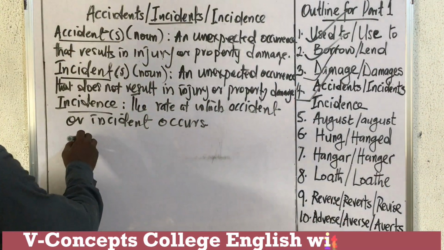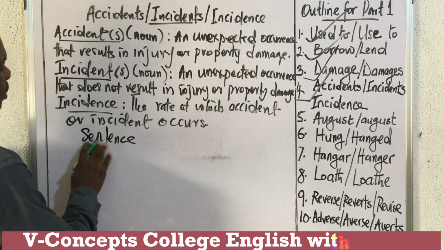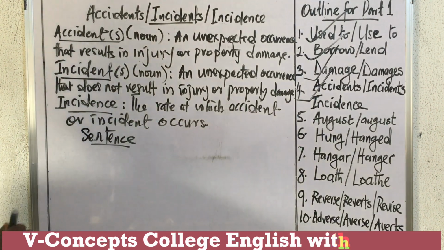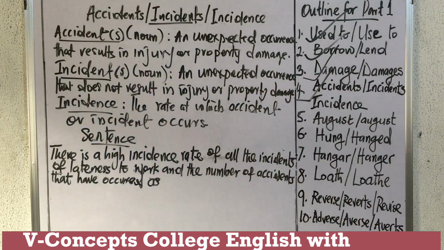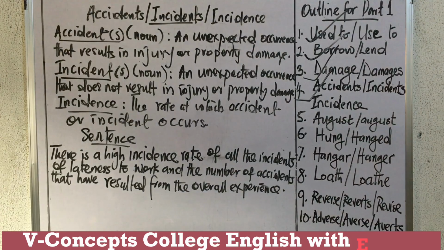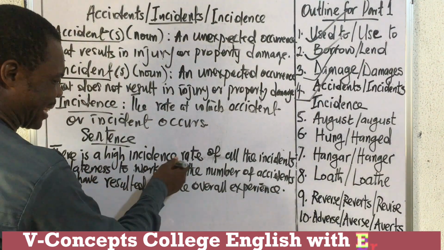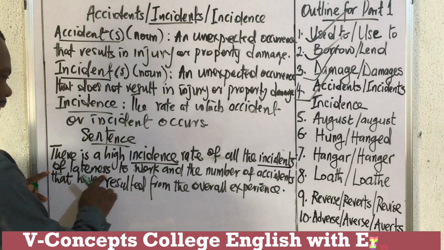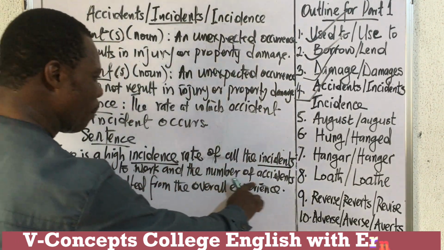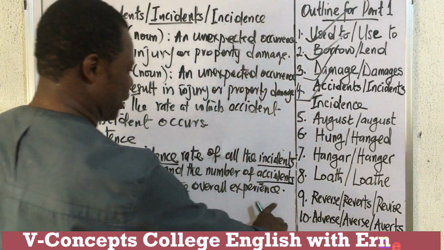Now let's have an expression where we can use these 3 words together. Now check this out. There is a high incidence rate of all the incidents of lateness to work and the number of accidents that have resulted from the overall experience.